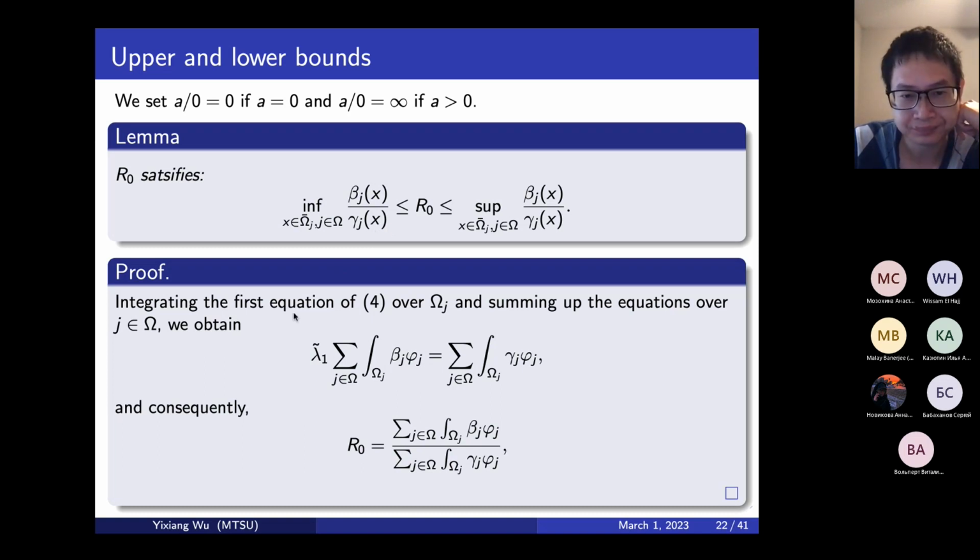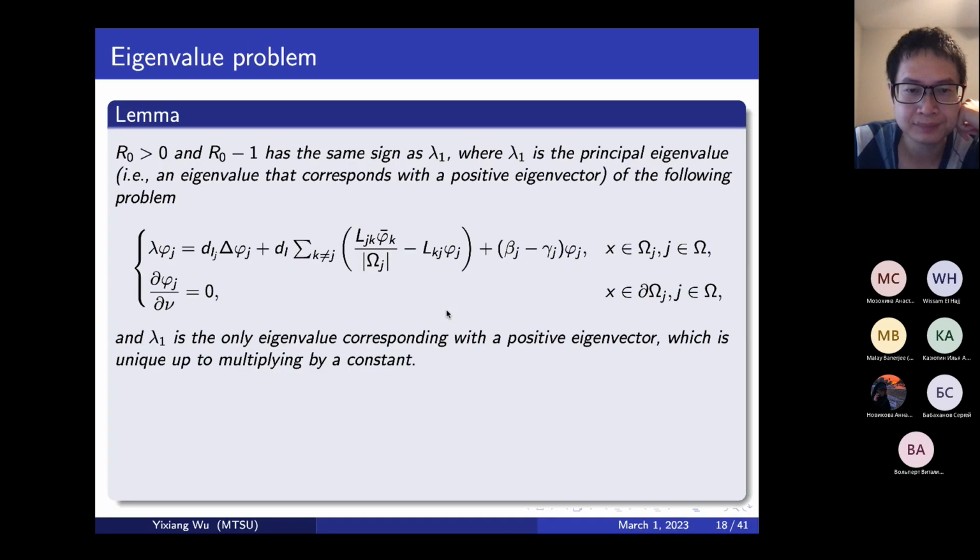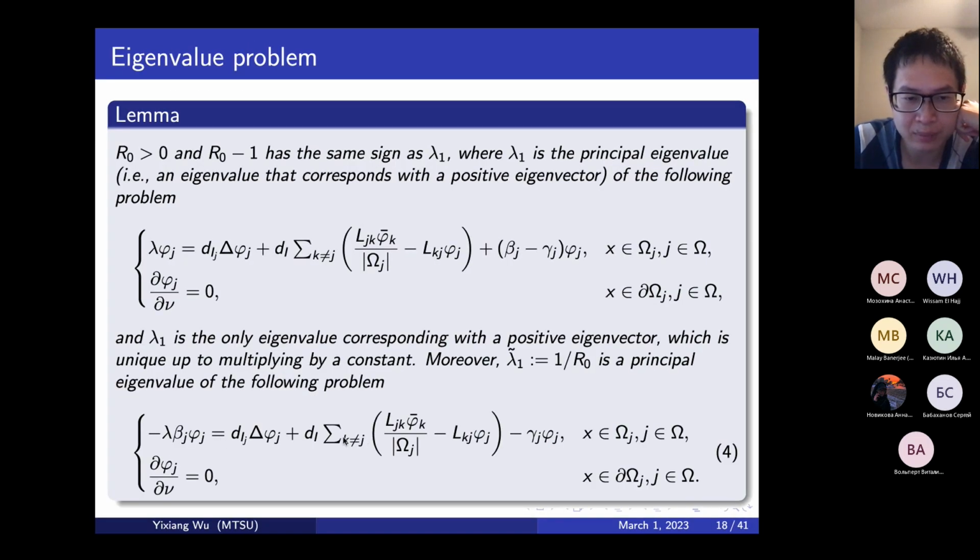Well, this lemma is actually easy to show. We just need to integrate equation 4 over omega. Just go to this eigenvalue problem. Remember, lambda is 1 over R0. So we just integrate both sides. Then you kill the Laplacian, right? And then you add up, you will kill these terms.